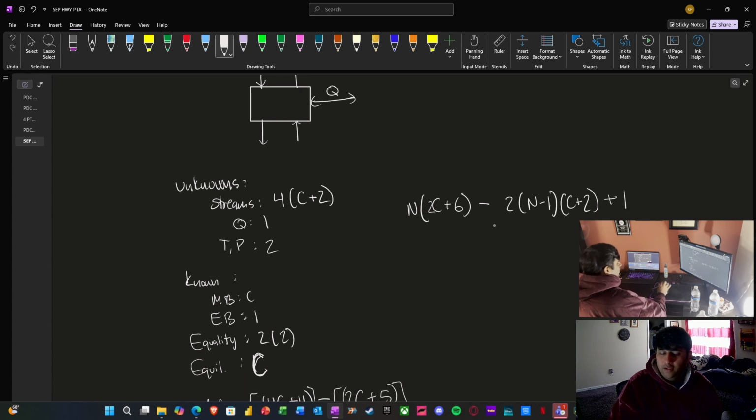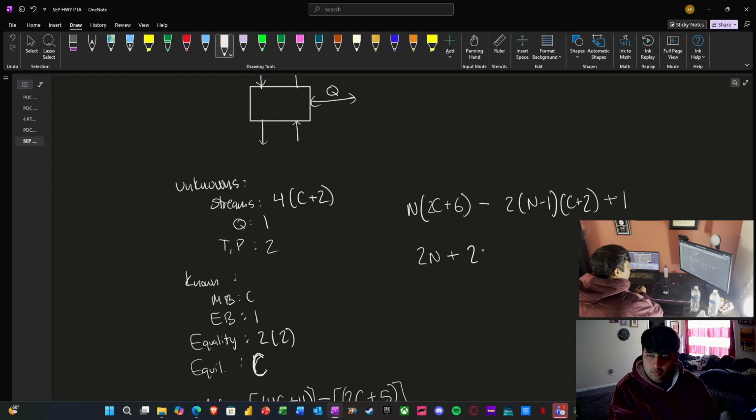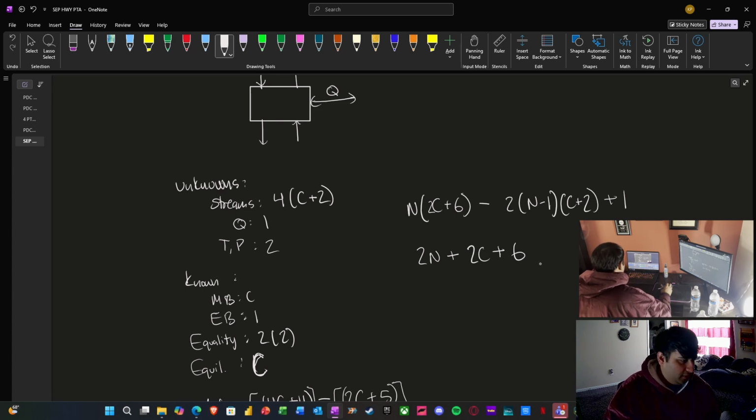And then after we combine terms, basically what we're going to be left with is canceling out the 2nC. I believe we're left with 2n plus, I believe, 2C plus 6. I'll have to double check on that, but I think that's what we are left with.